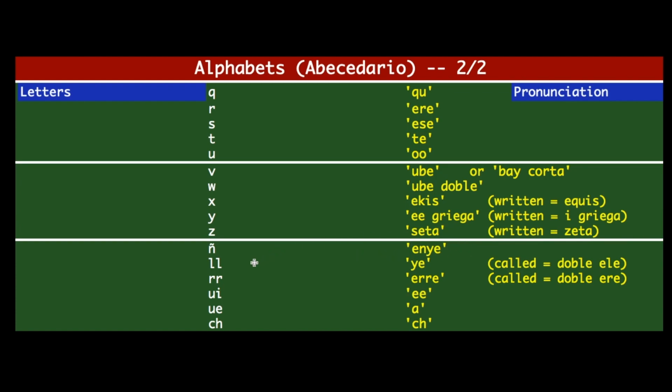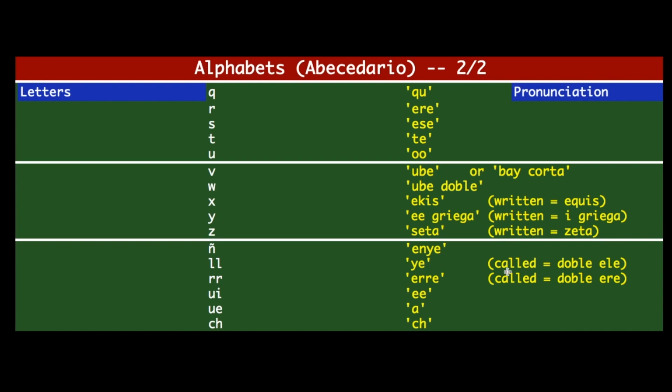Let's move on, folks. Another strange thing that you will see is the double L. Wherever you find double L in Spanish, the sound is not L. Even though you might think, because one L has a sound L, yes, that is there, but double L has a sound of Y, right?